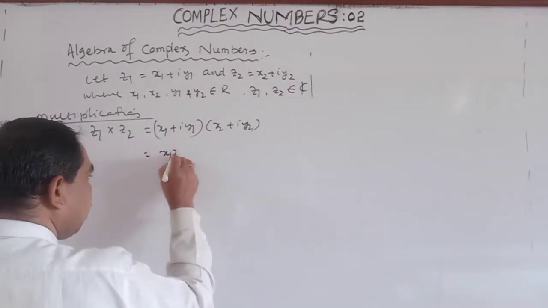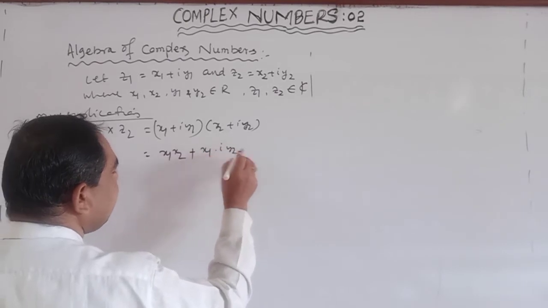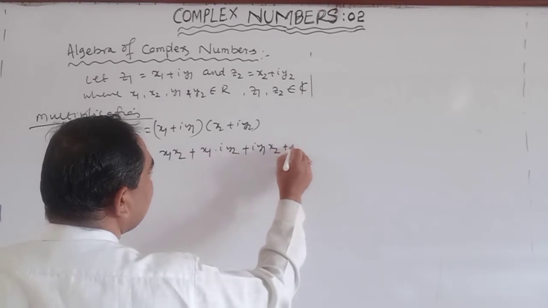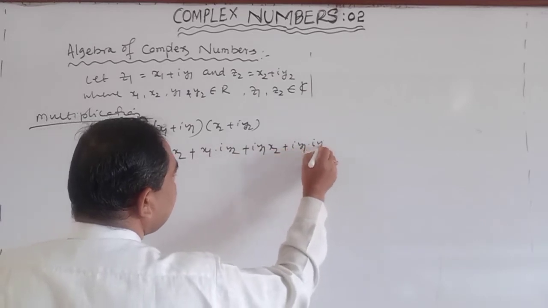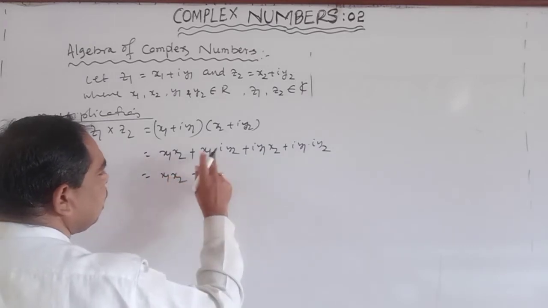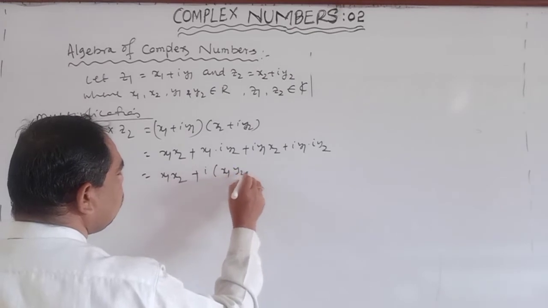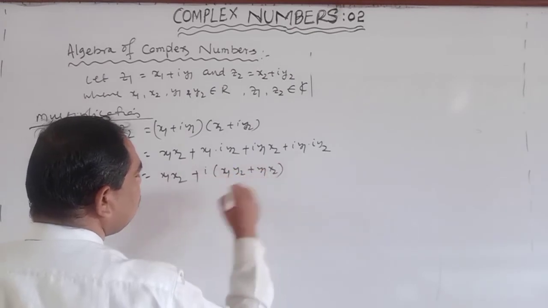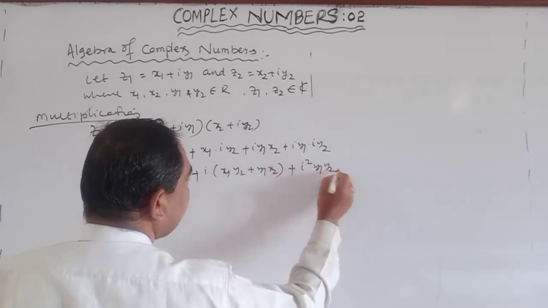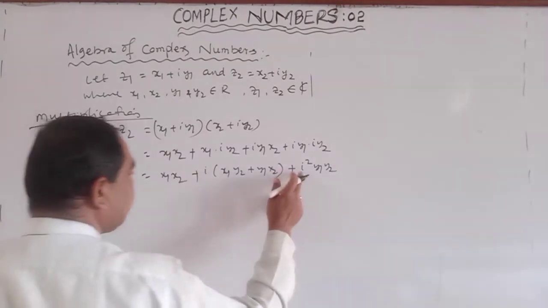This is x1 x2 plus x1 into iy2 plus iy1 into x2 plus iy1 into iy2, that is x1 x2 plus, in the second and third terms i is common. This is x1 y2 plus y1 x2, plus this is i square y1 y2, but i square is minus 1, so put here minus 1.